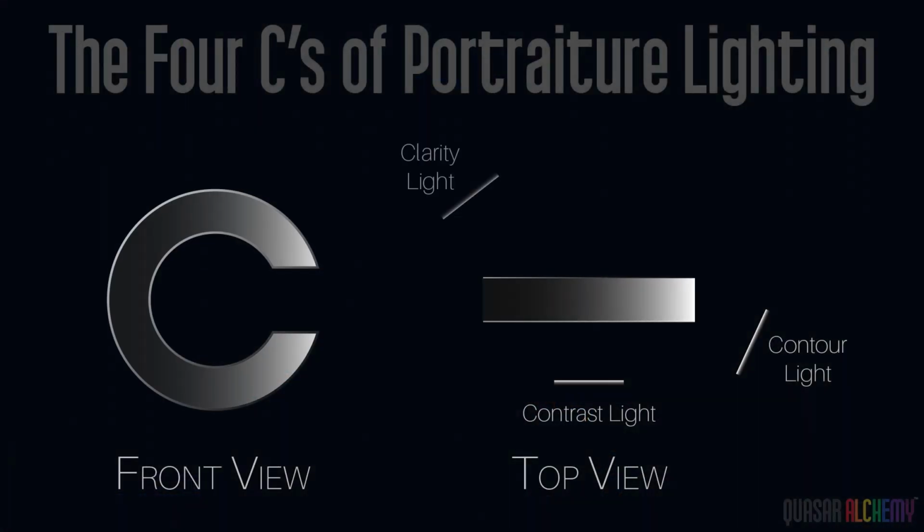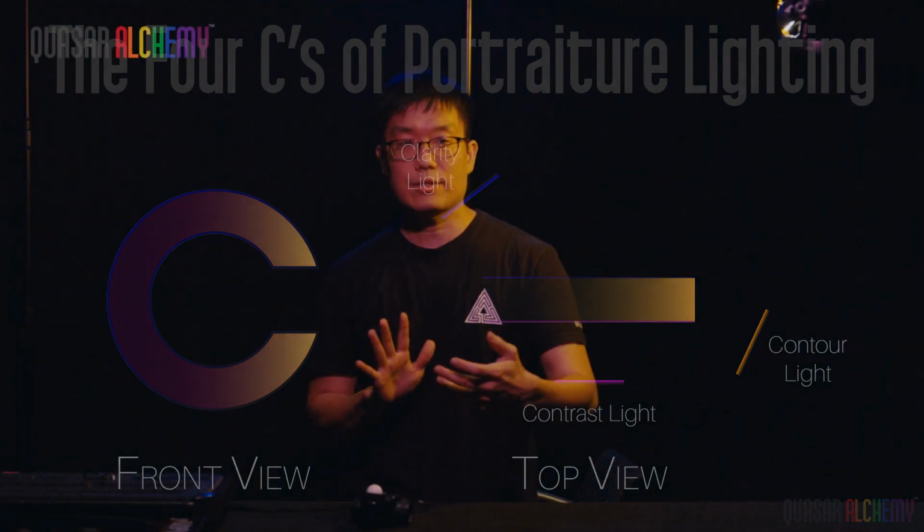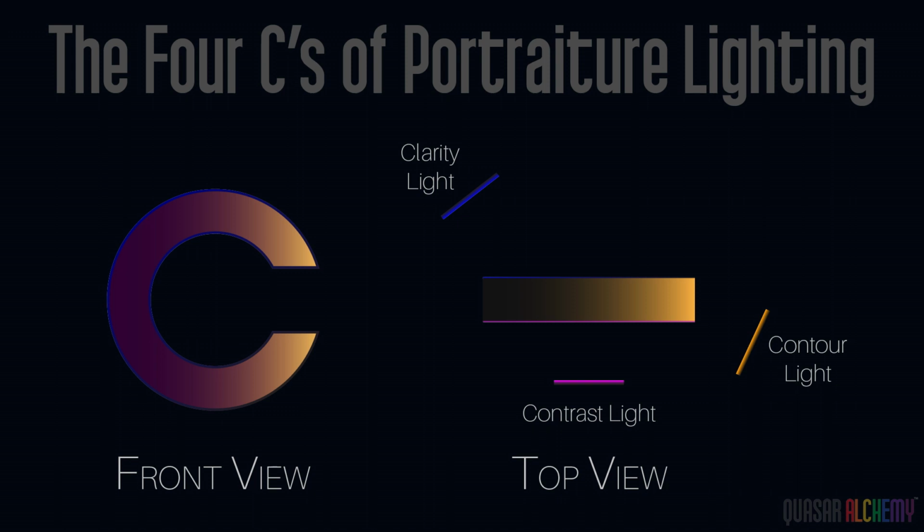Next you have clarity, which defines the relationship between the subject and its surroundings. And finally, color. Color is its own separate tool that you can use with all 3 different types of elements to tie it together in a certain way, even if it's a monochromatic or fully chromatic scheme.